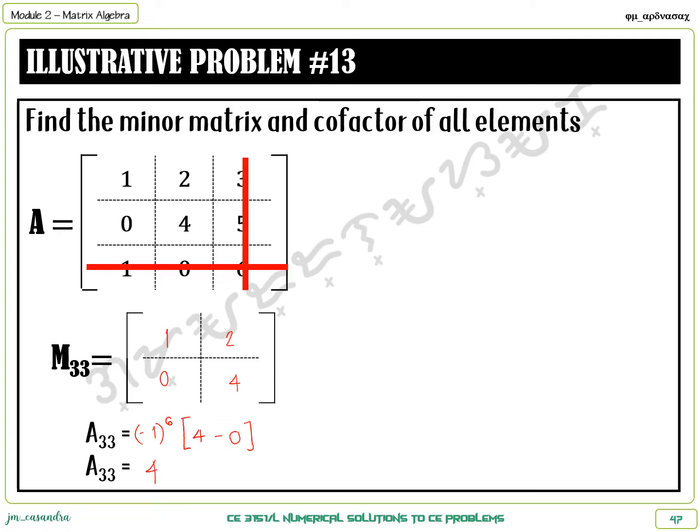So we have computed already for our minor matrix. We have also computed the equivalent values of our cofactor for all of the elements.